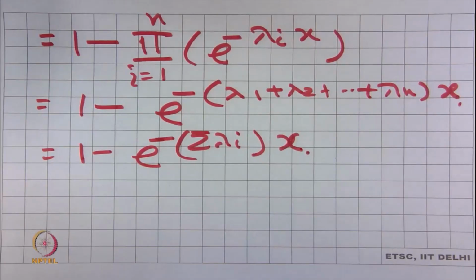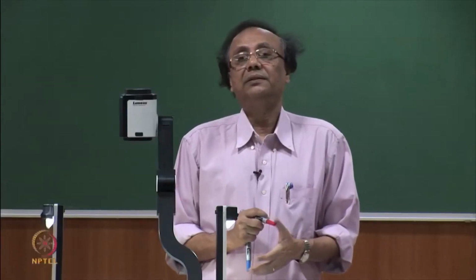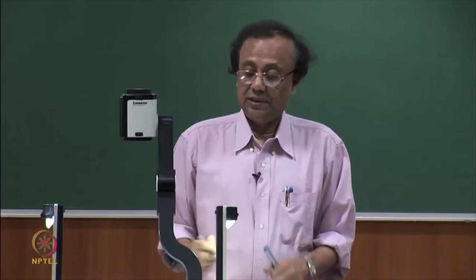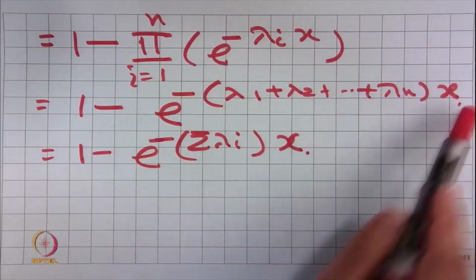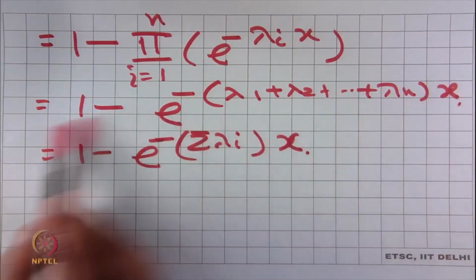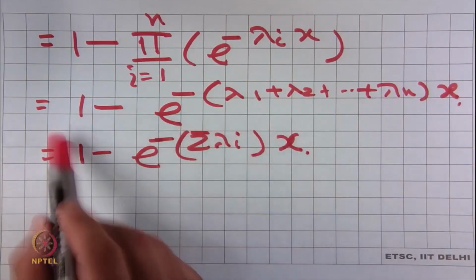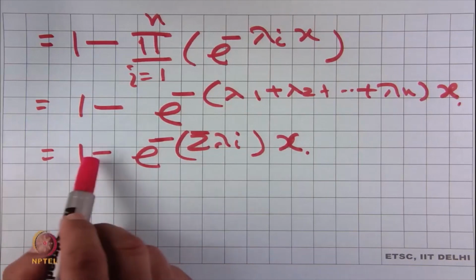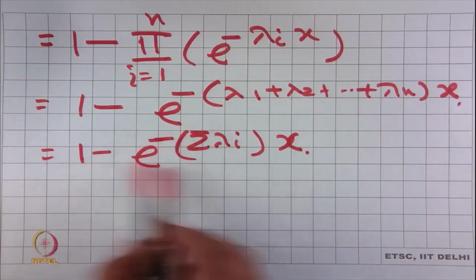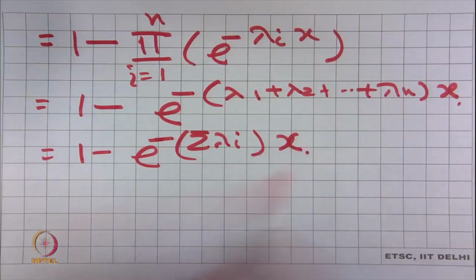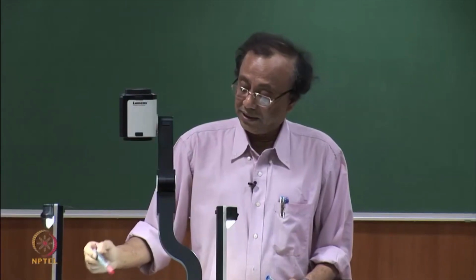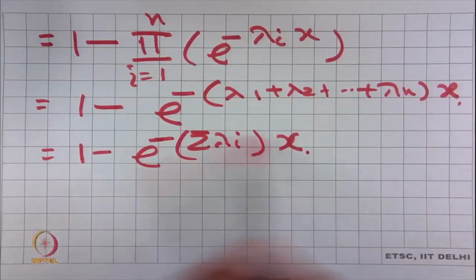Therefore, we see that the actual result is more generalized. Even if lambda 1, lambda 2, ..., lambda n are all different, the CDF is going to be 1 minus e to the power minus sigma lambda i times x. In order statistics, we found that if all the lambda i's are the same, then this came out to be n lambda.